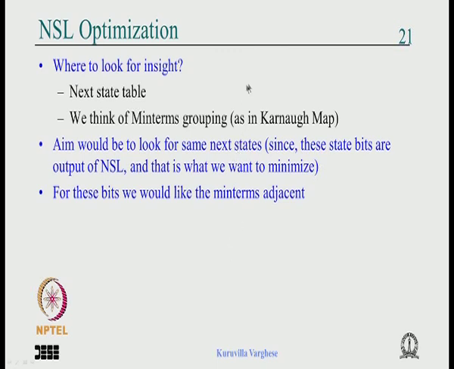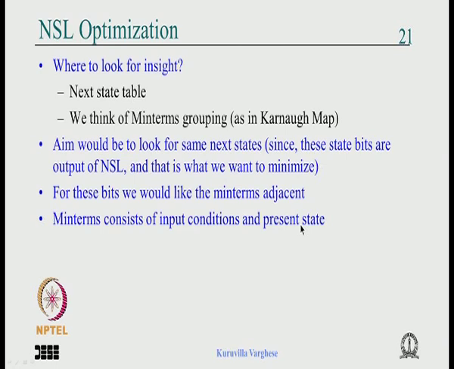Suppose you are looking at D2, wherever D2 is 1, or wherever the Q2, Q1, Q0 next state is identical, then you can make things adjacent, and for this we would like the min terms adjacent. A min term consists of the input condition and the present state.